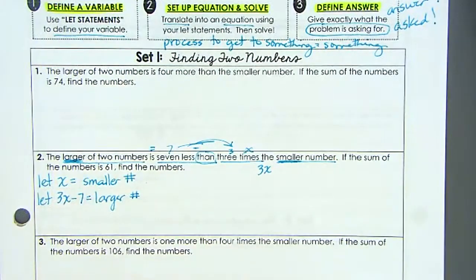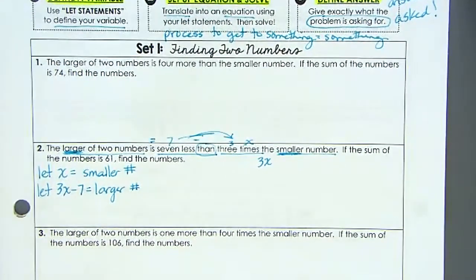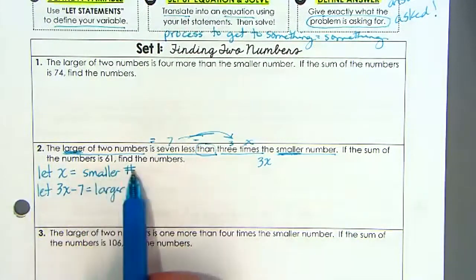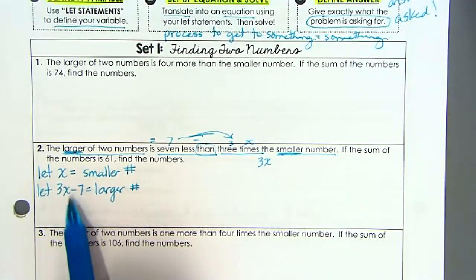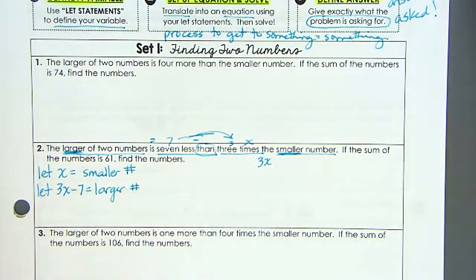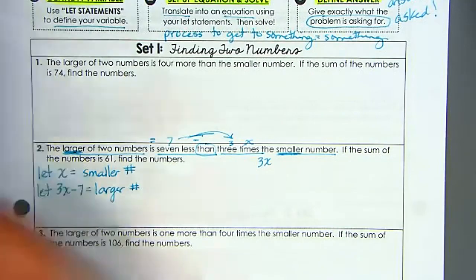Now that just told me what the variables are, what I'm looking for, the smaller number and the larger number, and how I can represent them.